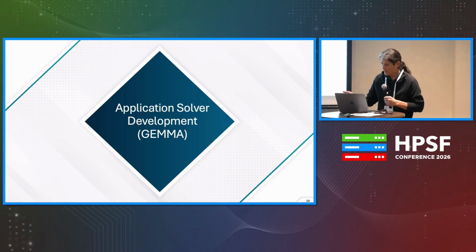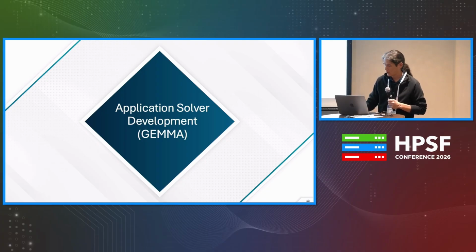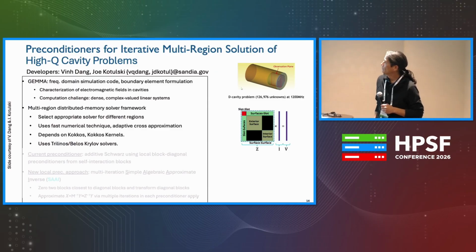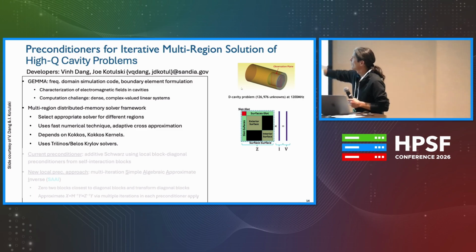All right, and the last thing that I want to mention is some work that's being done outside of Trilinos, but is using Trilinos. This is work that Vinh Dang and Joe Kotulski have been doing in GEMMA. GEMMA is a frequency domain simulation code that uses a boundary element formulation, so the systems they come up with are dense systems.